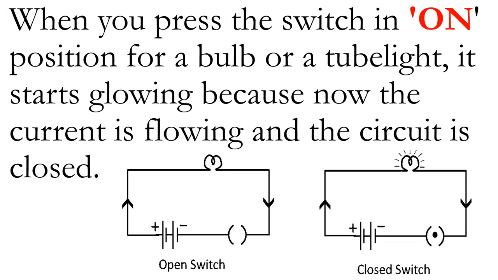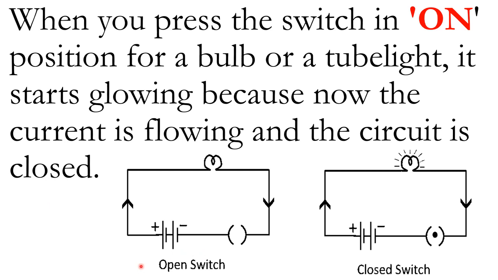When you press the switch to on position for a bulb, a tube light or a fan, it starts working because now the current is flowing and the circuit is closed. Students, you can check here in these two diagrams.